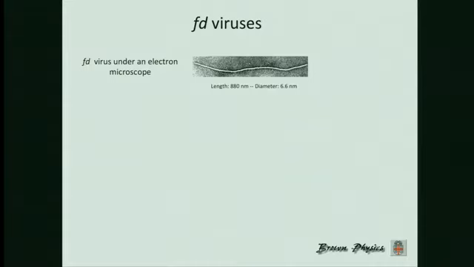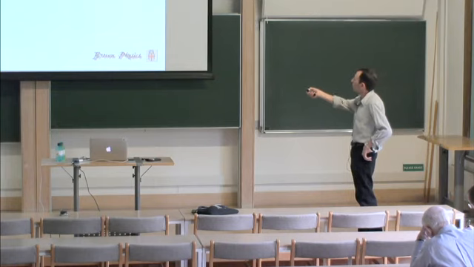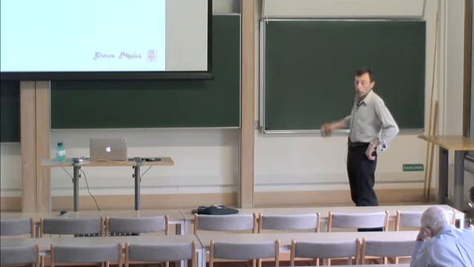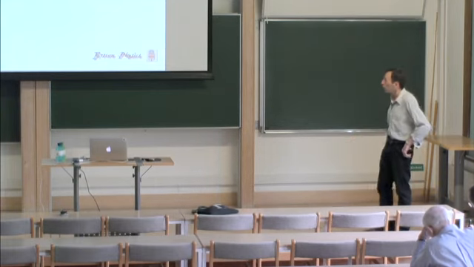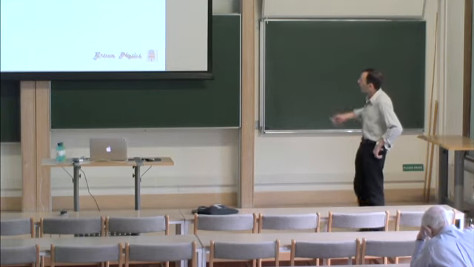So FD viruses, just in a nutshell, what's special about these and why are they a great system for studying liquid crystal type physics? Here's a picture of an FD virus under an electron microscope. The thing to note is the length, which is nearly a micron long, so that you can really image individual viruses.